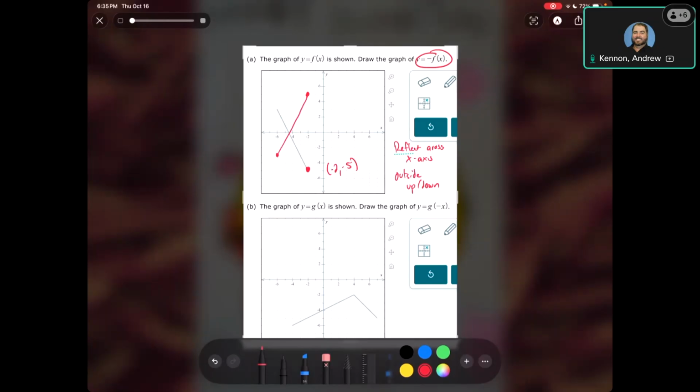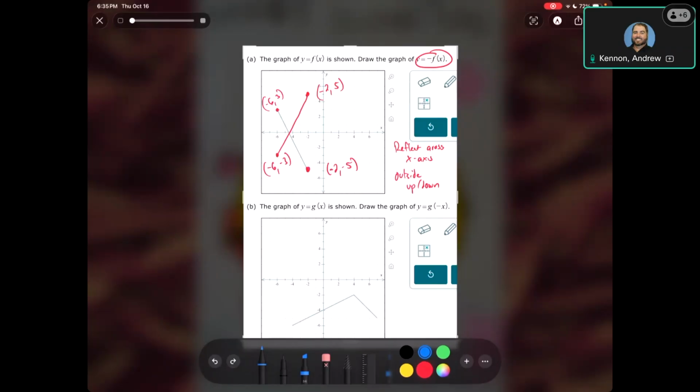If you want to look at the points, what it actually does is it changes your y value. So it would go from -5 to +5. This one right here would go from +3 to -3. You don't change the x, you just change the y. But I don't even do it that way. I just say, okay, this one's 5 below, so I'm going to move it 5 up. This one's 3 up, so I'm going to move it 3 down.